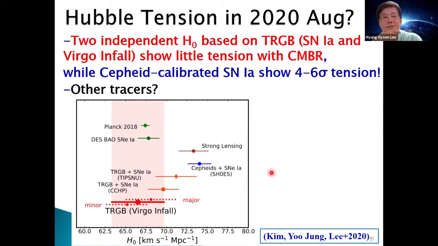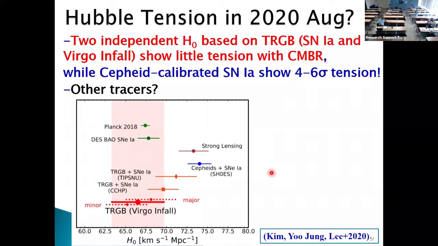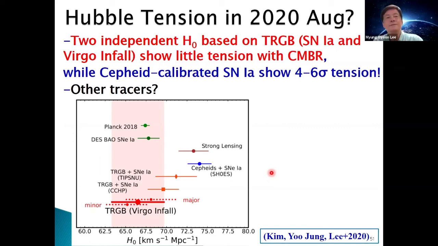I'm saying that you started off with some small sample of supernovae, then you've added more supernovae. Now we're at the stage where we have 99 supernovae with CCHP. And the result has gone from 65 to 71 to essentially 69 point something. Do you think this is going to be more or less your final answer?